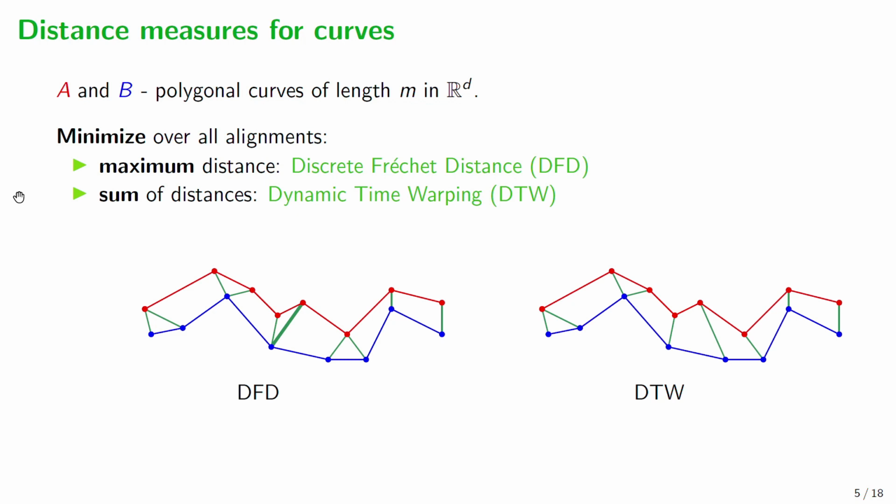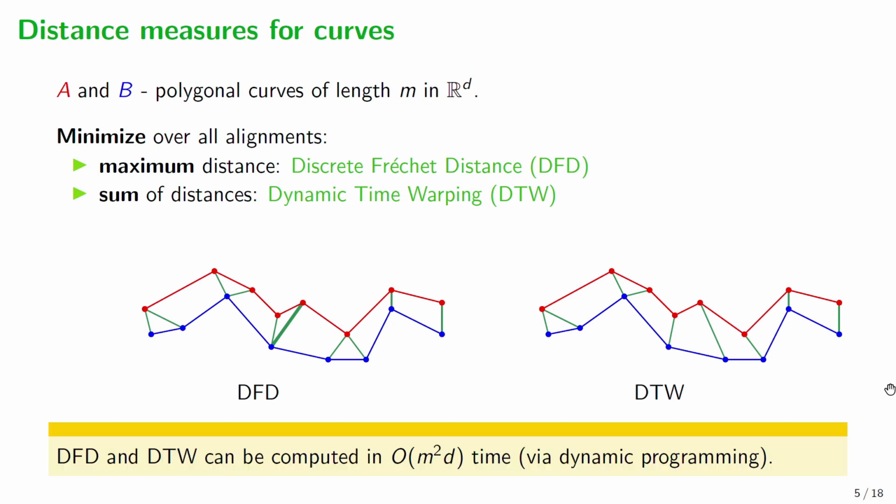If instead of max we minimize the sum of distances between the frogs, then we get dynamic time warping. Both these distances between two curves can be computed in quadratic time using a simple dynamic programming algorithm. And for the discrete Fréchet distance, there exists a conditional lower bound showing that a strongly subquadratic algorithm is unlikely to exist.